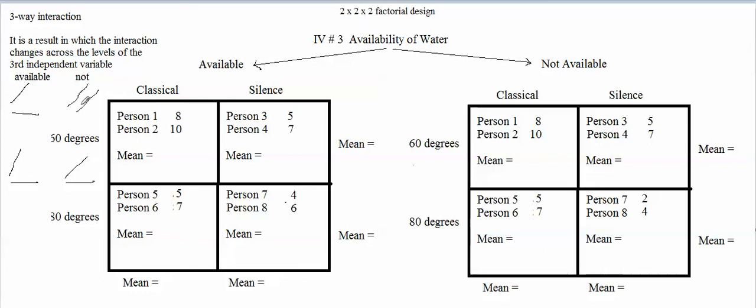So here we do have a three-way interaction, because the interaction is changing from here to here. But here we have no three-way interaction, because the interaction is not changing. It's the same thing across these two different conditions right here.